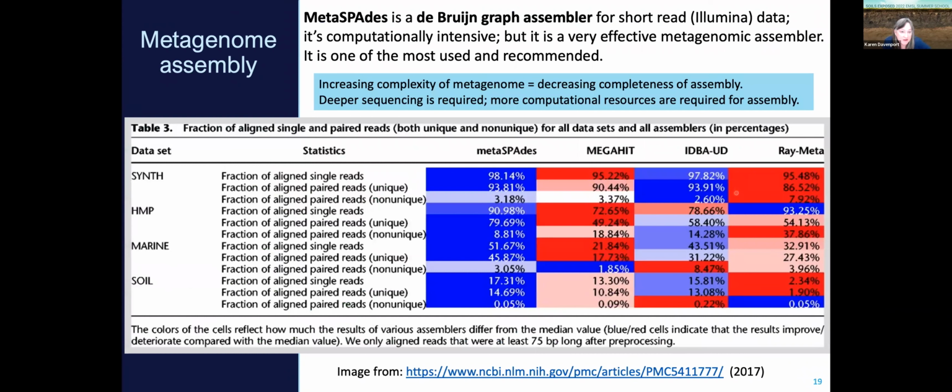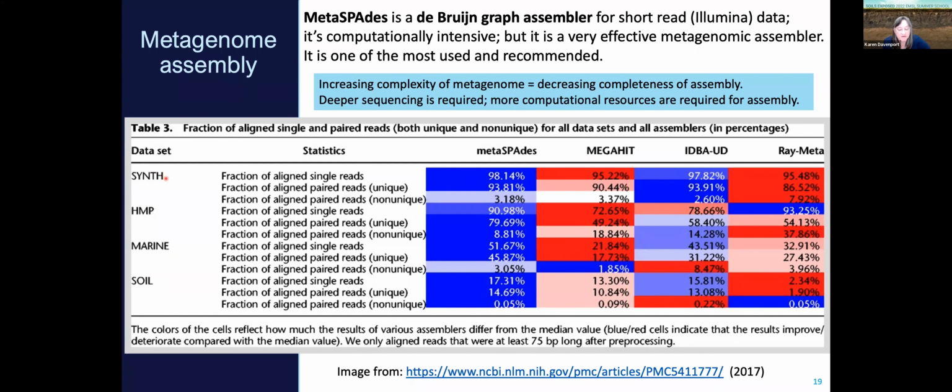But MetaSPAdes is the assembler that NMDC uses for its assembly workflow, and it's a very effective metagenome assembler. But I want you to look at something here. This is from a study looking at different metagenome assemblers, these MetaSPAdes, MEGAHIT, IDBA, and Ray Meta, with 4 different levels of complexity for metagenomes.